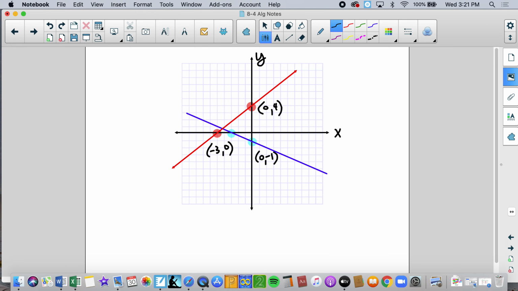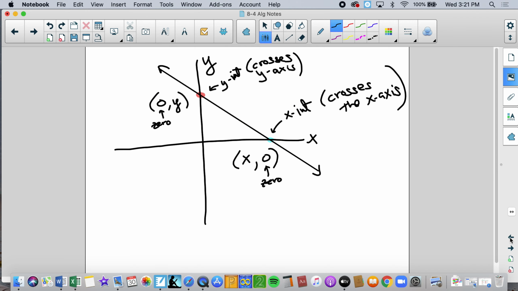Mr. Mack, I knew I made a mistake there. And the x-intercept for the red line is going to be (-5, 0). So for the x-intercept, y is always going to be 0. That's something we should always be aware of.